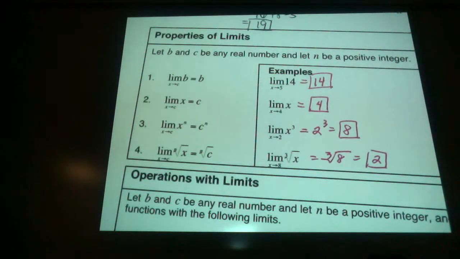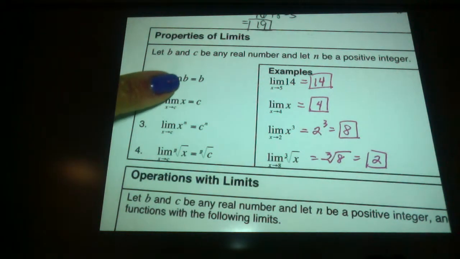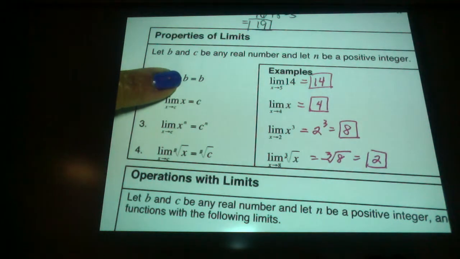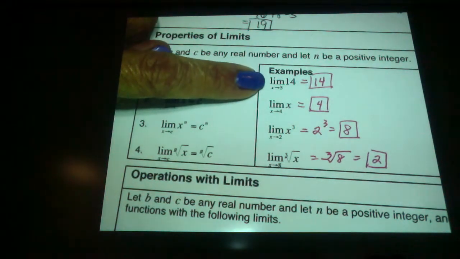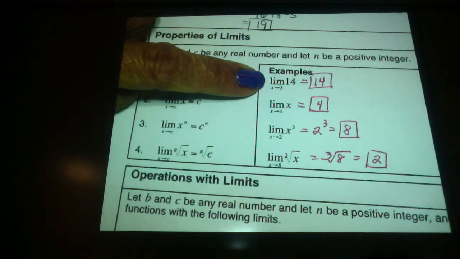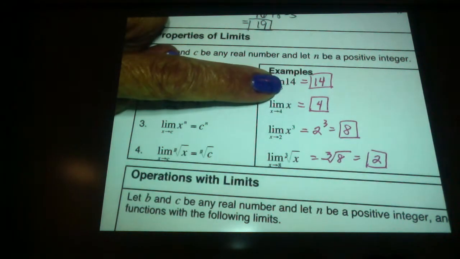So again, think of it this way. If we're taking the limit of some number b, that's your function. It's an actual number b. So let's say you're taking the limit of, look at the example over here, 14. If the function is 14, isn't the equation y equals 14? Right? This is your x value quote.